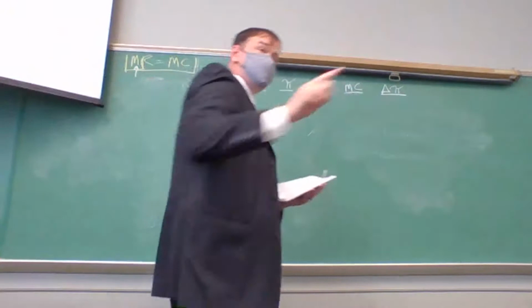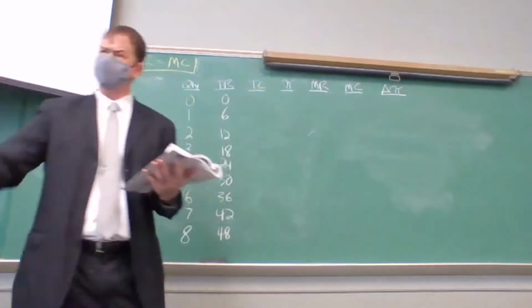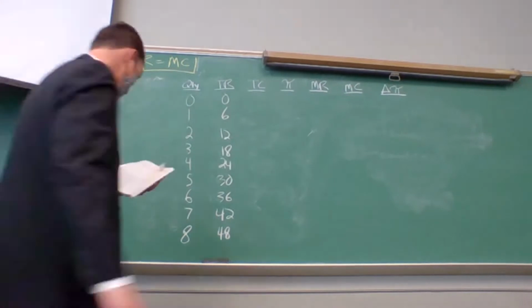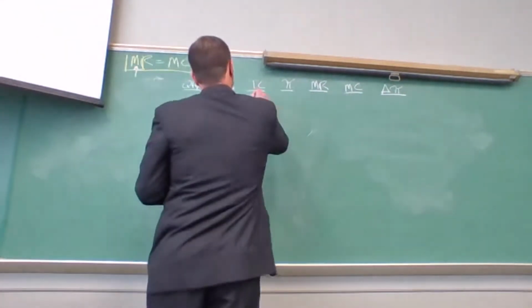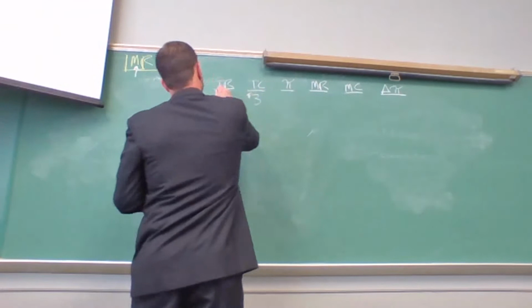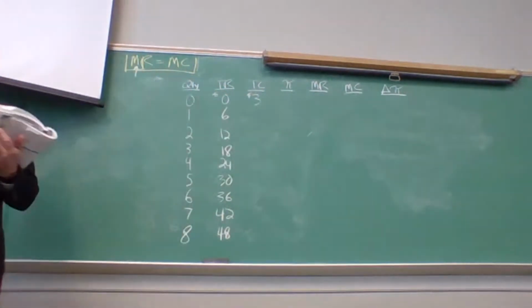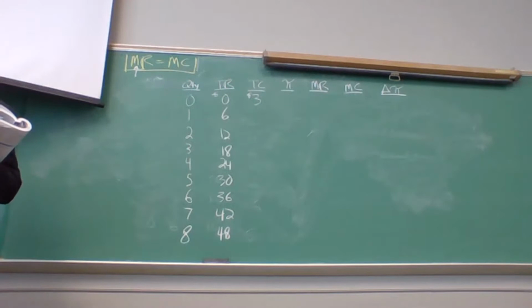All right, now I'm giving you total cost. I'm saying here's the data for your cost. Just like you would walk into a boardroom and look at total revenue, total cost, you're going to start making some calculations. Total cost at 0 units is $3. What do I know at 0 units? What kind of cost is that if it's $3? I'm not producing anything, so what type of cost must that be?